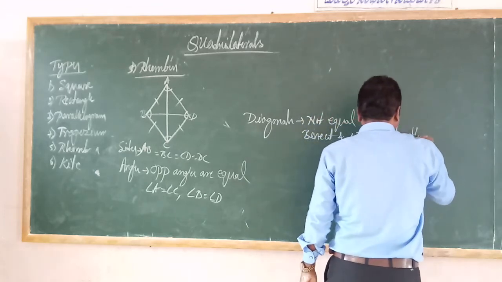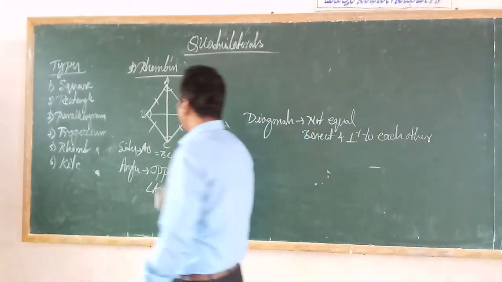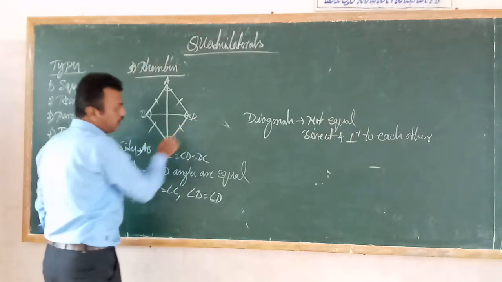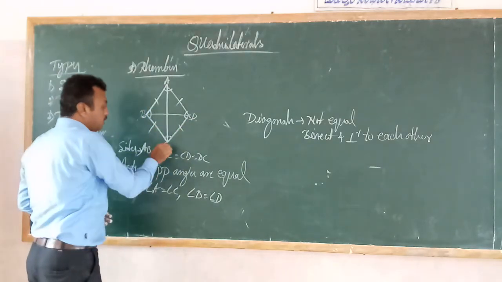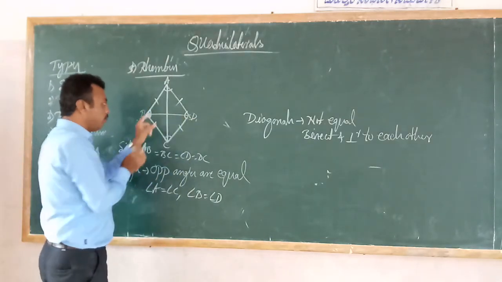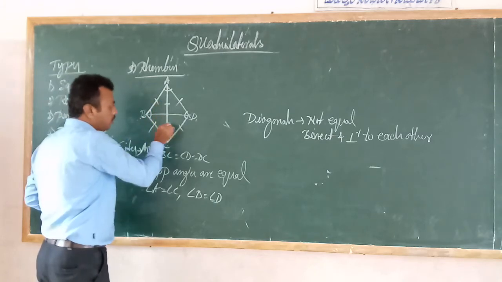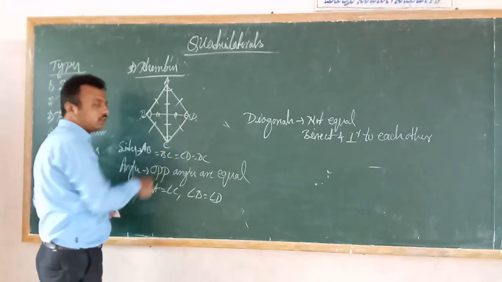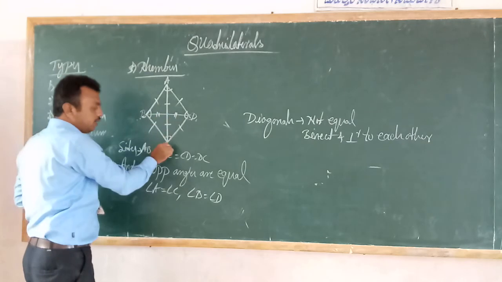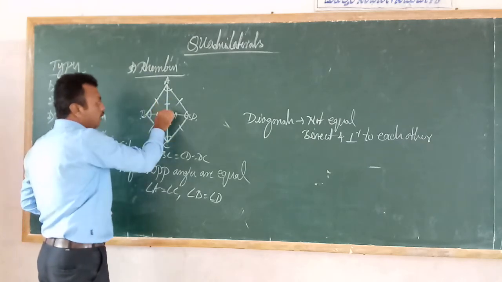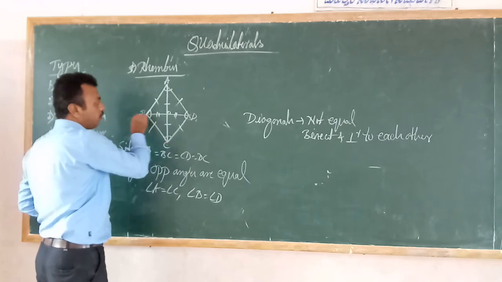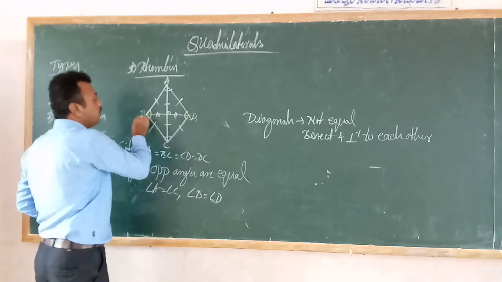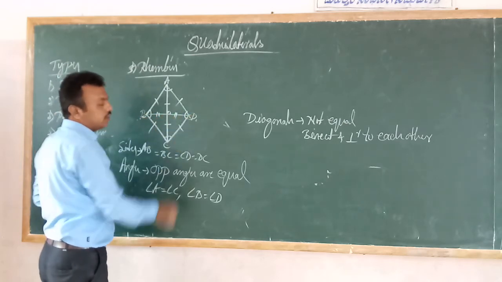See students, the diagonals AC and BD are not equal, but AC and BD bisect each other. For example, this part and this part are equal. Suppose AC is 10 centimeter, so AO is 5 centimeter and OC is also 5 centimeter. BD, suppose 8 centimeter, so BO is 4 centimeter and OD is 4 centimeter.